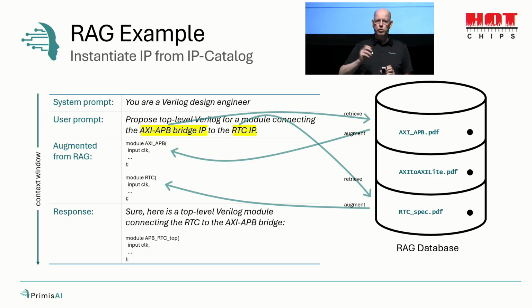It's not word by word, but a meaning, a semantic search. It finds that there is actually IP available. It brings that IP into the context such that the tool becomes able to respond with a top-level Verilog connecting these two IPs.